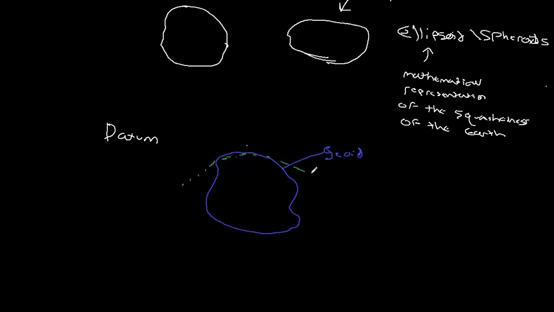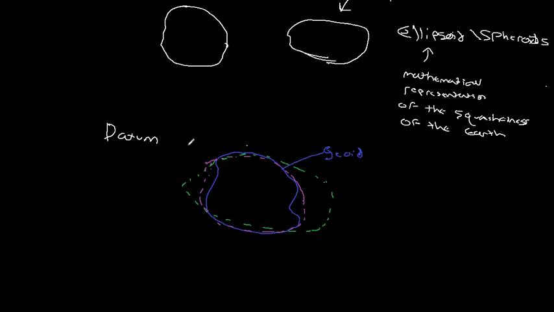Right, we could create one that looks like this, right, we could create one that looks like this, by changing the parameters that go into the definition of this ellipsoid, right, we can tweak the shape of the ellipsoid.